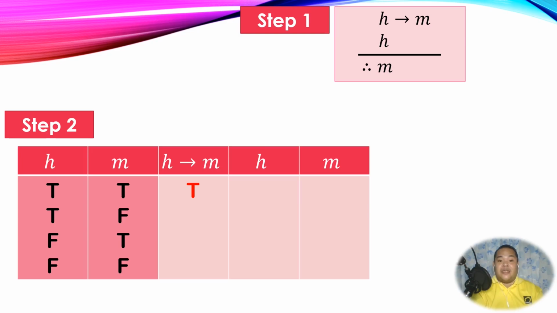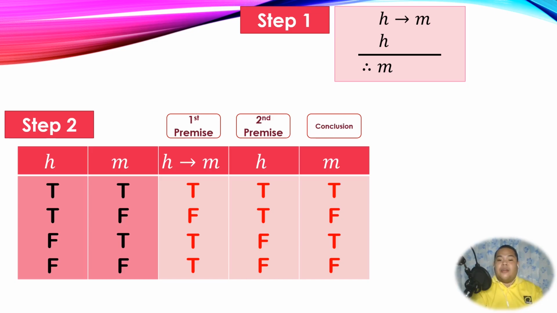True implies false is false. False implies true is true. And false implies false is true. Now, for H, you just copy the given: T, T, F, F. Then copy the given for M: T, F, T, F.